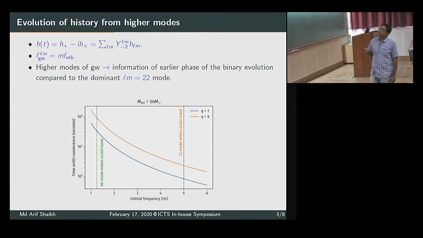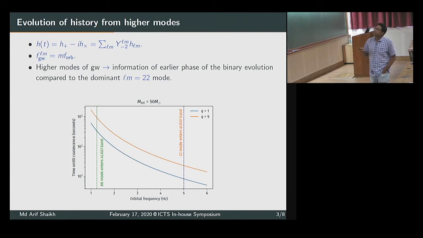So only when the orbital frequency is above 5 does the 2-2 mode enter the LIGO band. But if we include higher modes, like let's say the 8-8 mode, then we can detect the 8-8 mode for orbital frequency less than 5 hertz, let's say here. So the higher modes actually correspond to lower orbital frequency.